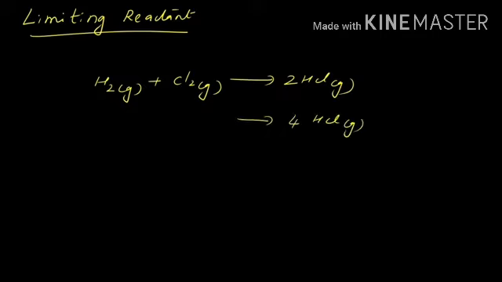Suppose I need to produce 4 moles of hydrochloric acid. In order to produce 4 moles of hydrochloric acid, is it enough to change only one of the reactants?